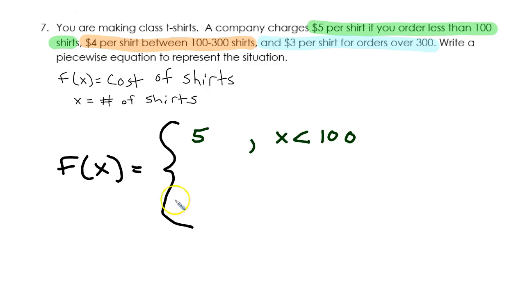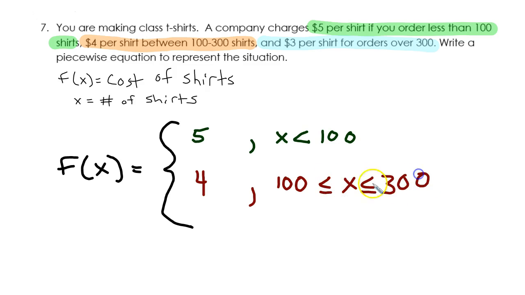I then switch to a new function. The shirts are not going to cost $5 after I get enough t-shirts. The cost is going to be $4 if we order between 100 and 300 shirts. That would include 100 shirts, and that would include 300 shirts. So since both of them are included, we're going to say 100 less than or equal to x less than or equal to 300.